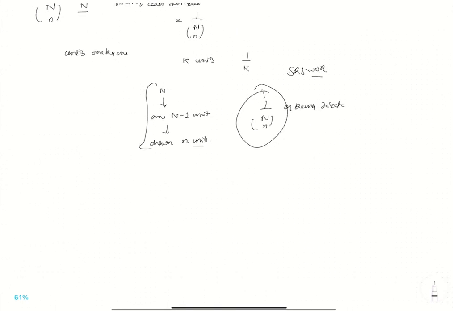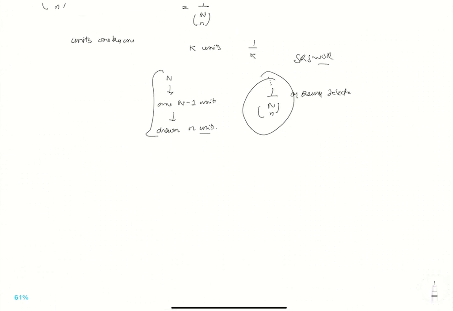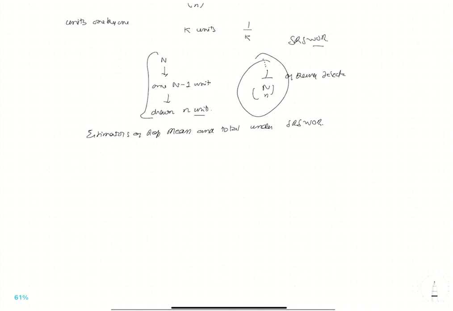Now we want to calculate the estimators. There are two things we would generally like to calculate: estimators of population mean and total under SRSWOR. In survey sampling, often we want to calculate the population mean and the population total, and they are the parameters of interest.